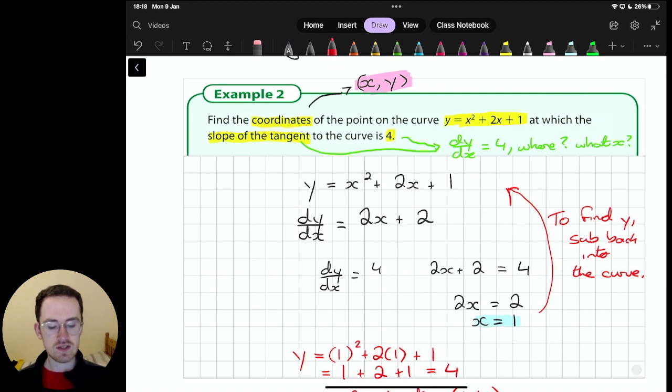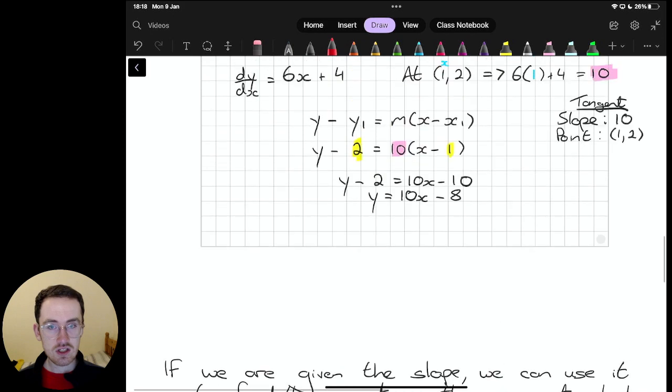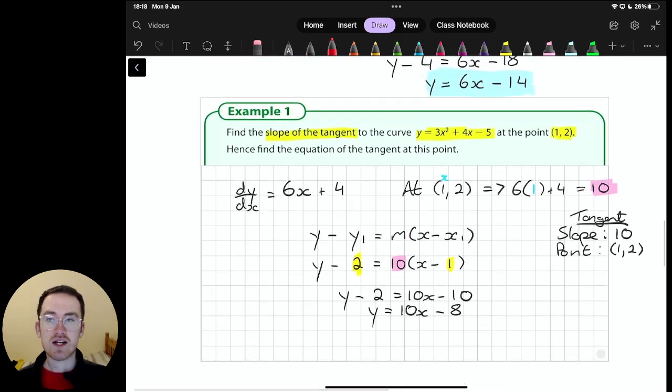Focus on this idea of dy dx as being the slope of the tangent, knowing that if we're asked to find that at a point, we sub in the x values, not the y values. And if we're trying to find the equation of the tangent, we're pulling that from our knowledge of the coordinate geometry of the line from that chapter. We bring it all together to find the equation of that tangent.